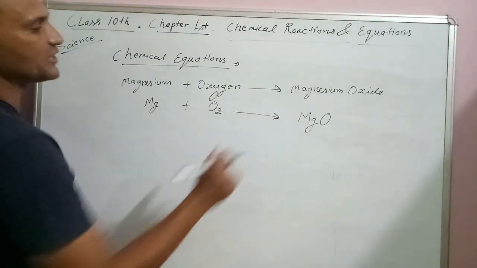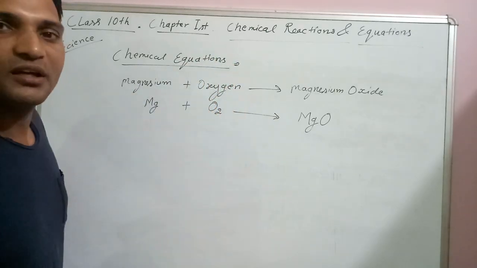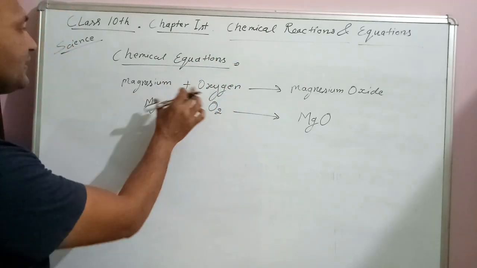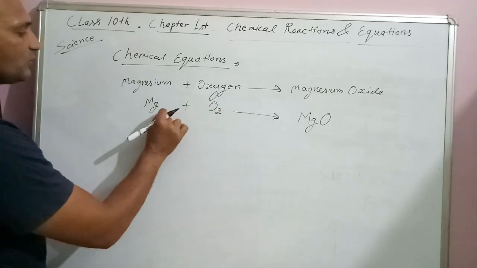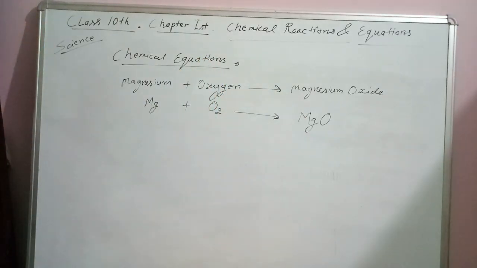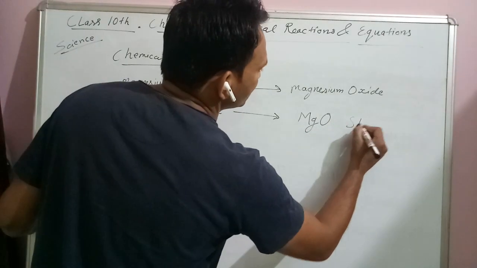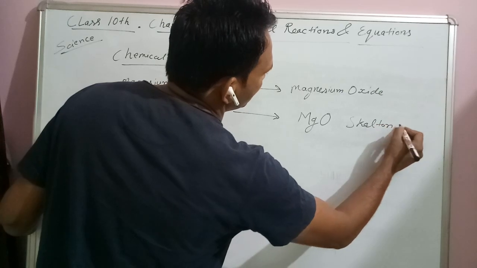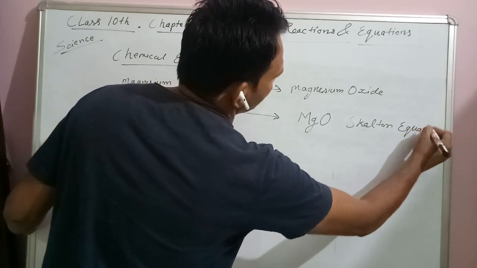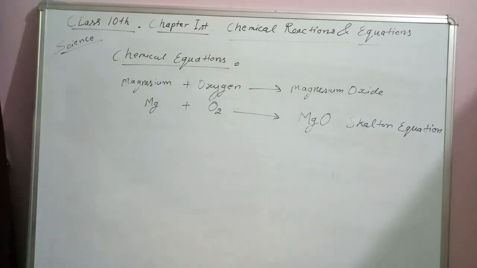This is the reaction in the form of a chemical equation. When we represent this reaction with formulas or symbols, we obtain an equation known as a skeleton equation.